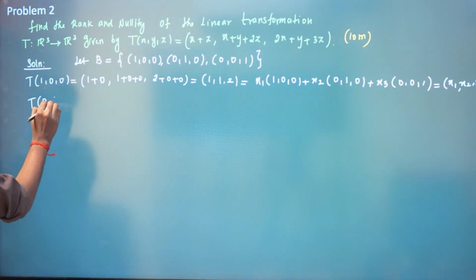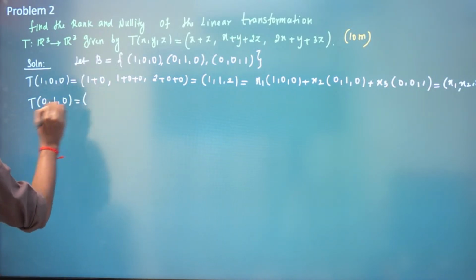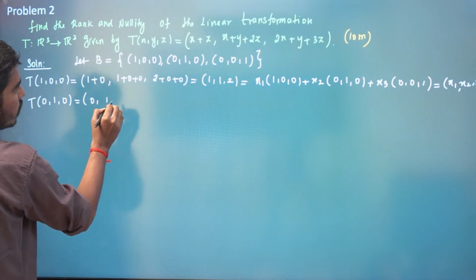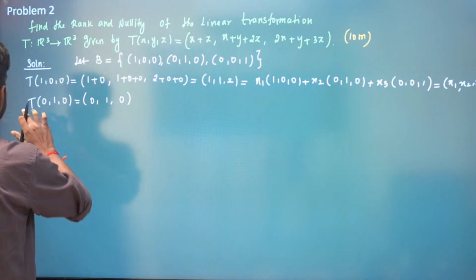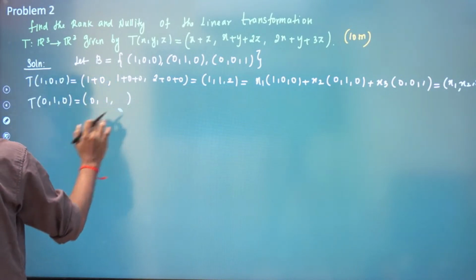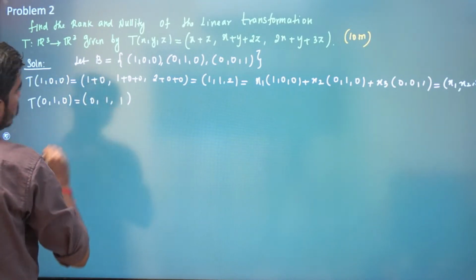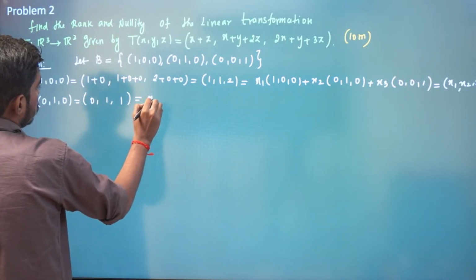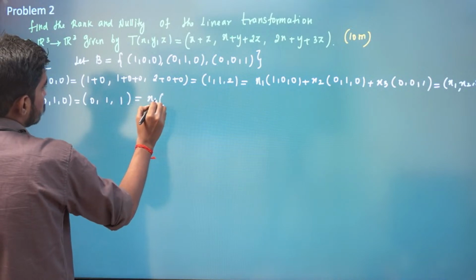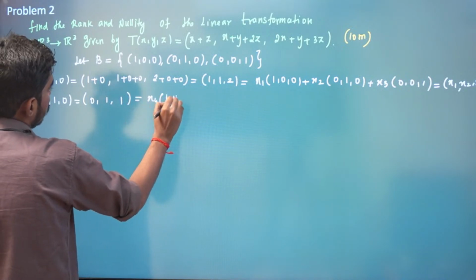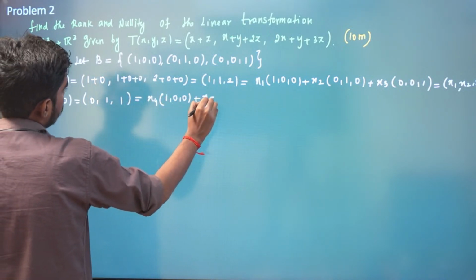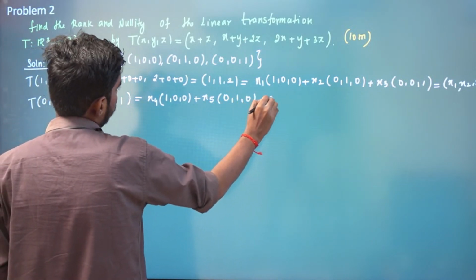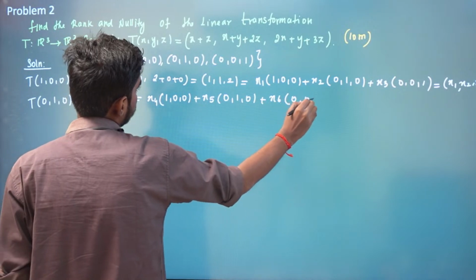Now T of 0, 1, 0. What is T of 0, 1, 0? It is 0, 1, 1. Now we have to express 0, 1, 1 as a linear combination of the basis vectors. So let us say x4 times 1, 0, 0 plus x5 times 0, 1, 0 plus x6 times 0, 0, 1.